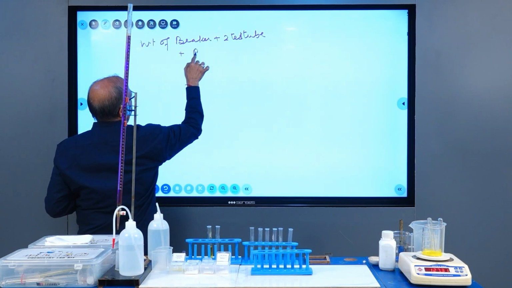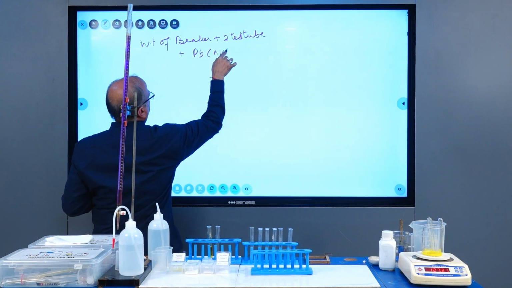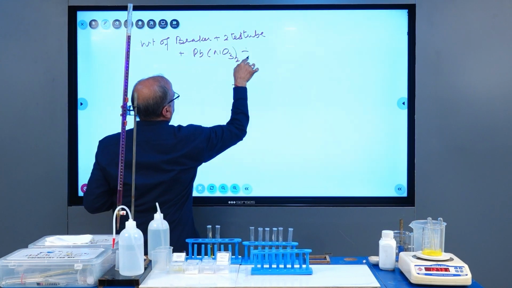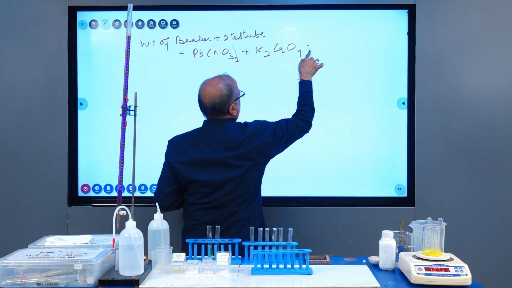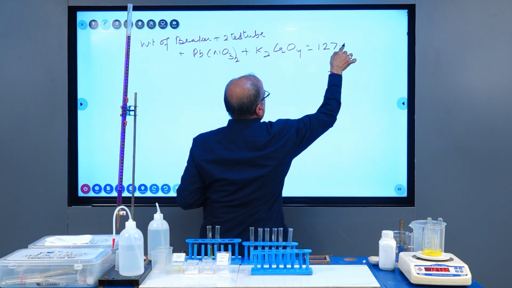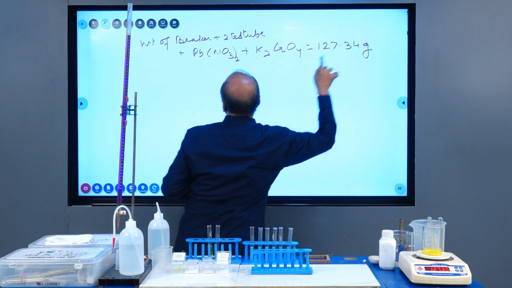So, I write here Pb(NO3)2 plus potassium chromate, that was equal to 127.34 grams.